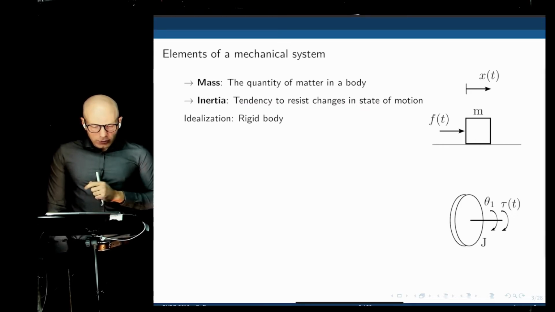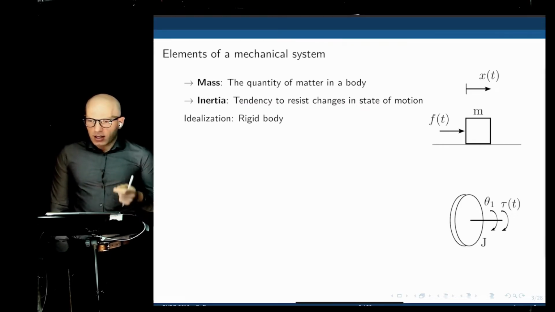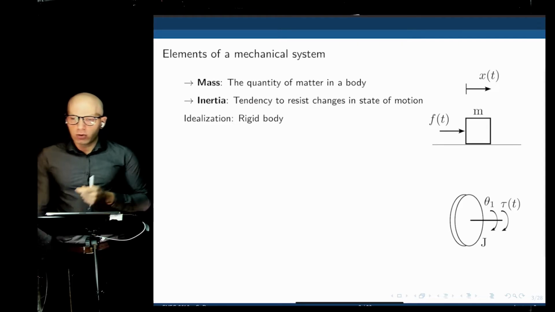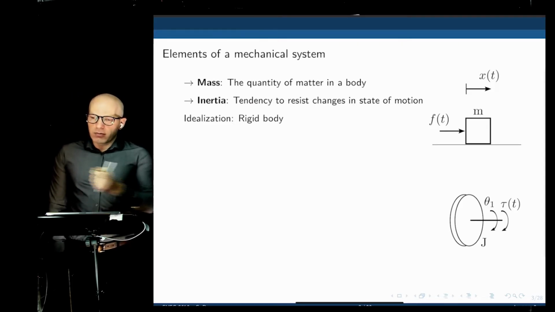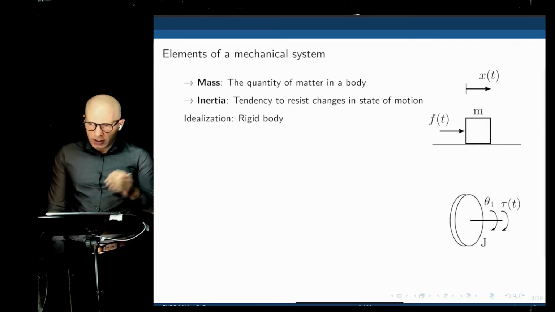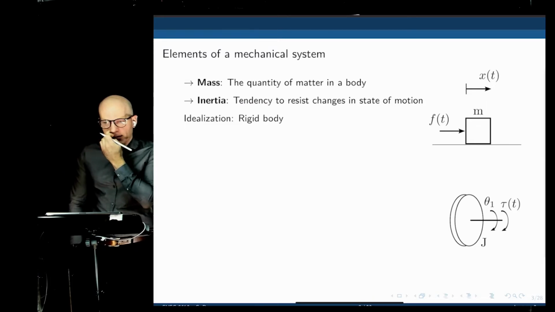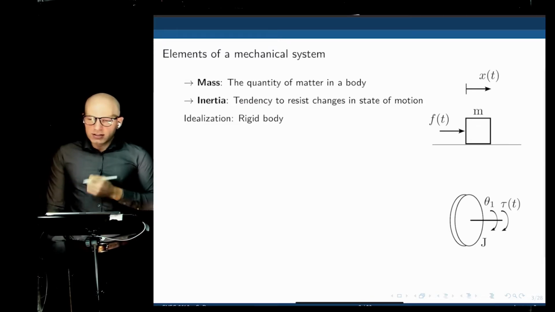Let's start with the first one there. We have a mass M, which is represented here by that block. We apply a force F to that mass, and the mass moves with a displacement X. So F is force, X is the displacement of that mass. What is the relation between the force and the displacement of that mass?